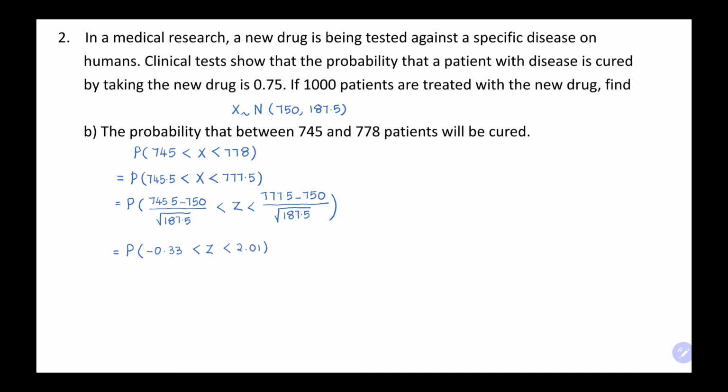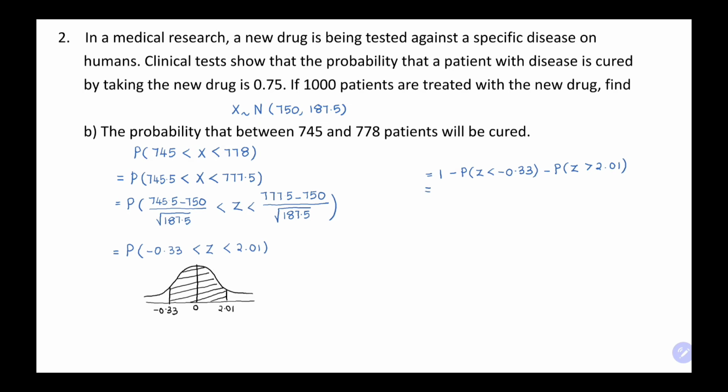Then we sketch the normal curve to check the area. So our area is here, between negative 0.33 and 2.01. To find this area, we take total area 1 minus these 2 tails: P(Z less than negative 0.33) minus P(Z greater than 2.01).